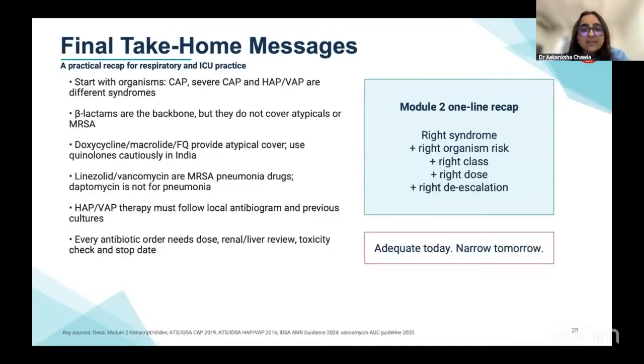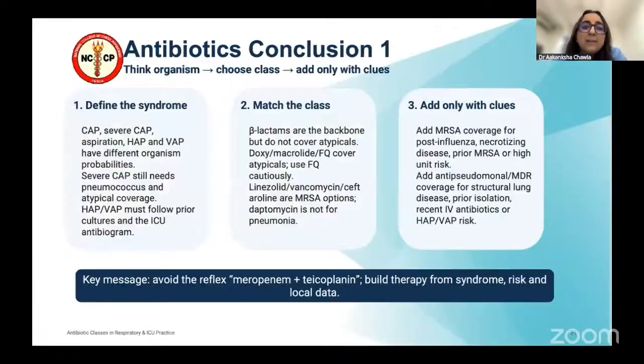So, to summarize, remember identifying the right syndrome, the right organism risk, the right class of antibiotics in the right dosage, and de-escalating at the right time should be your appropriate practice. And adequate today will help you to narrow tomorrow and timely.